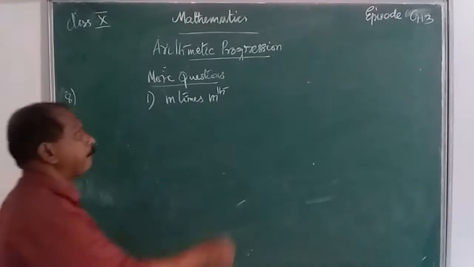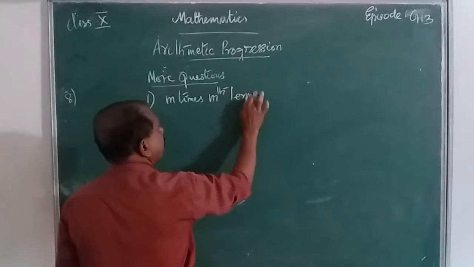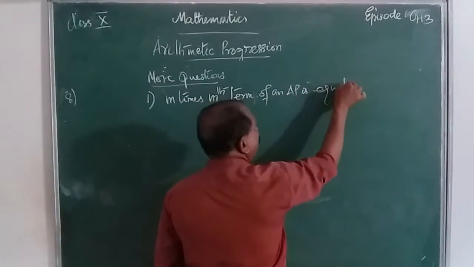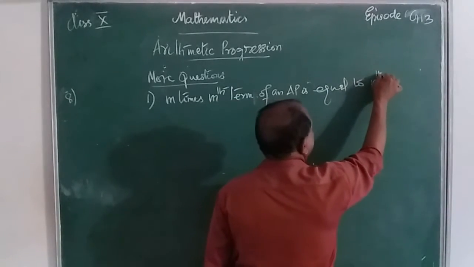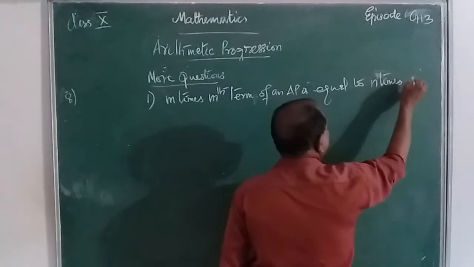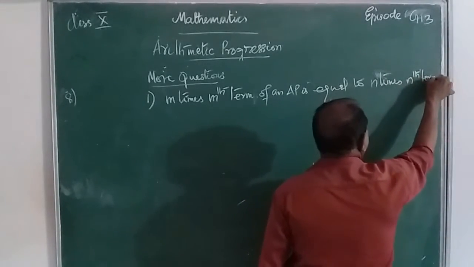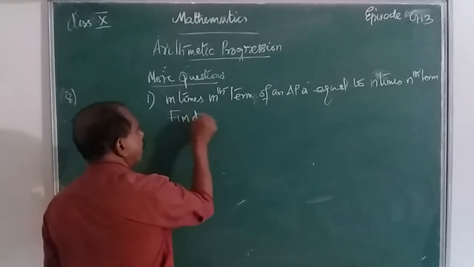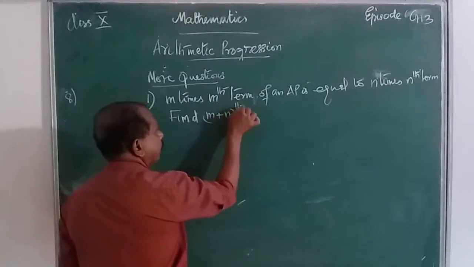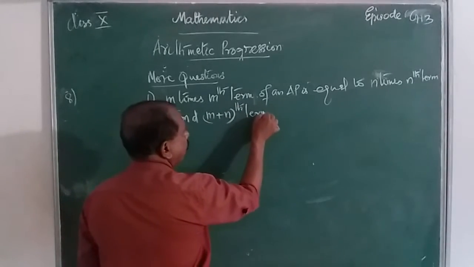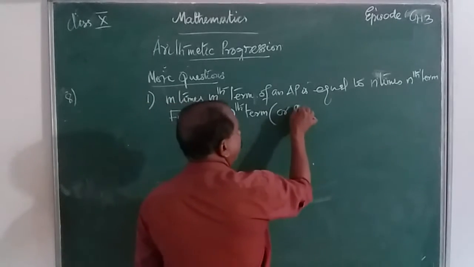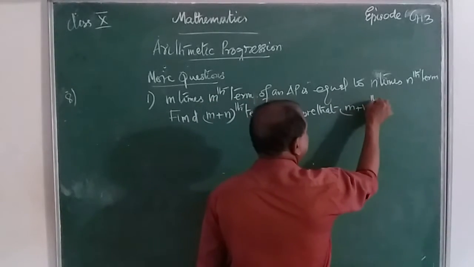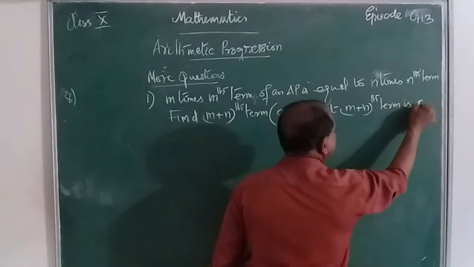The m times the mth term of an AP is equal to n times the nth term. Find the (m plus n)th term, or prove that the (m plus n)th term is 0.